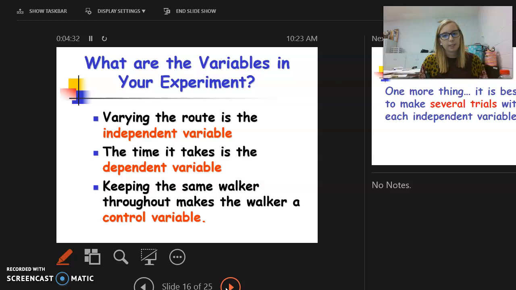Varying the route is the independent variable. It's what I'm changing. I'm changing what route I take every day. The time it takes me is my dependent variable. I'm trying to see which time is the fastest. Keeping the same walker, which would be you, throughout is the control variable. I'm not changing who is doing the walking. It's going to be me.